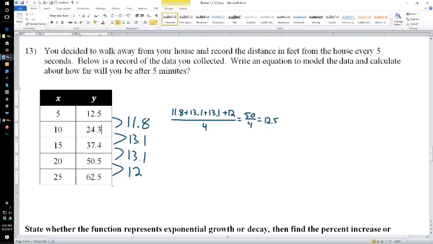We don't have the starting point in this case. You notice how these are going up by 5s. If I go down by a 5, I can go down by that step to 0. They're going up by 12 and a half, so I need to subtract 12 and a half, and I get a starting point of 0.